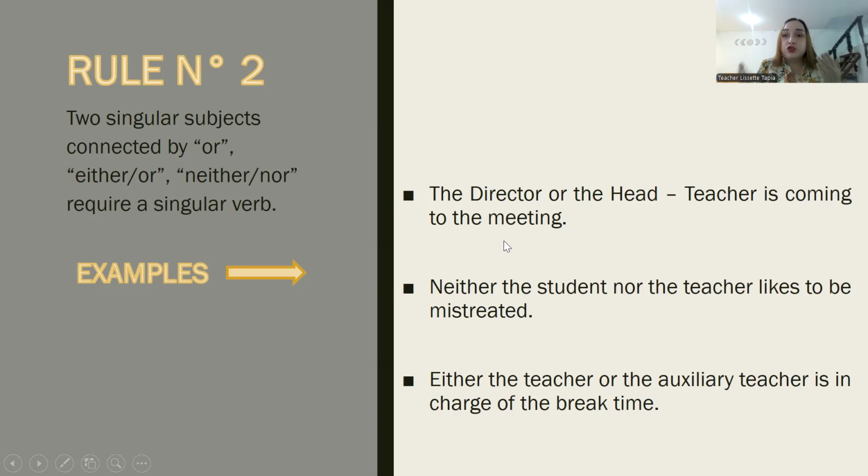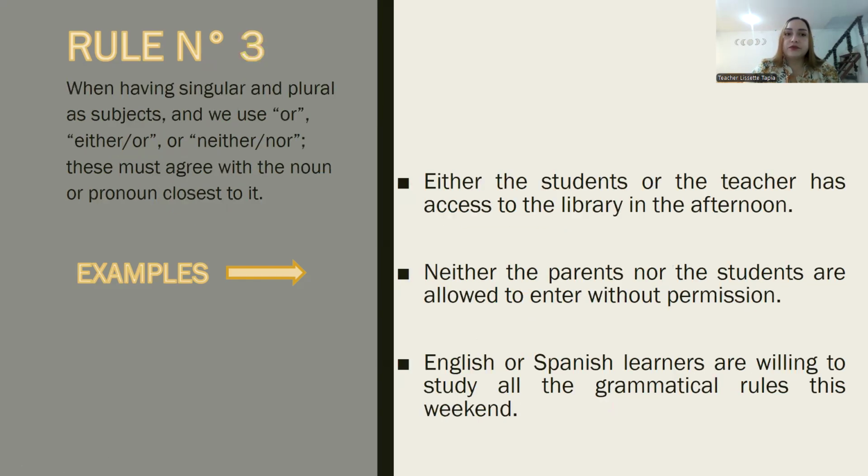We are giving choices, but we still have singular subjects. In the second example: neither the students nor the teacher likes to be mistreated. Or: either the teacher or the auxiliary teacher is in charge of the break time. As I am giving singular choices, I have to use a singular verb.